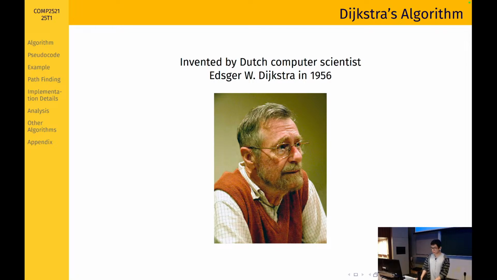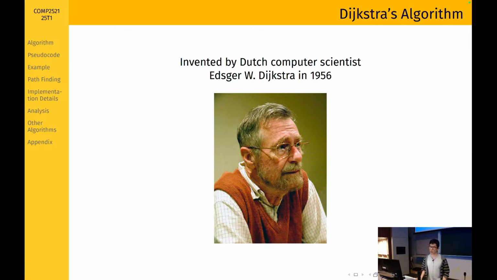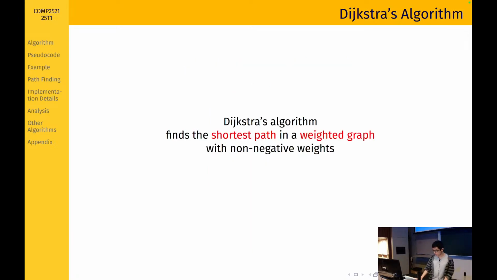So the algorithm we're going to use to calculate the shortest path in a weighted graph is Dijkstra's algorithm. The one limitation of Dijkstra's algorithm is that the weights of the graph have to be non-negative, otherwise it might not work.